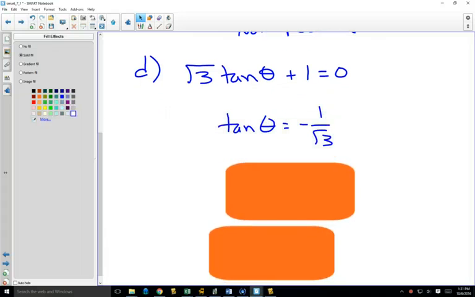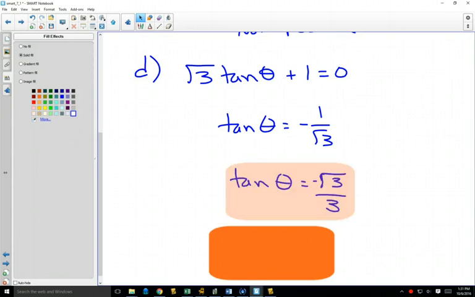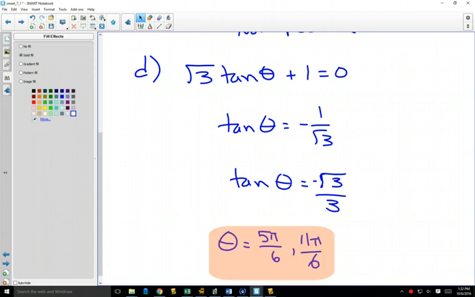Second one, solving for tan, you get -1/√3, and this is where you might get stuck unless you rationalize it. And when you rationalize it, you realize, oh, that is on my pi plate. What family is that? That is pi over 6 or 30 degrees, but since all of these questions are in radians, we think pi over 6, and we think quadrant 2 and quadrant 4, because tan is negative.